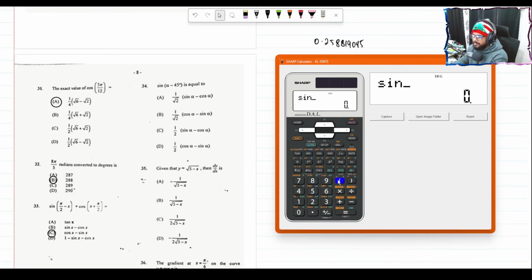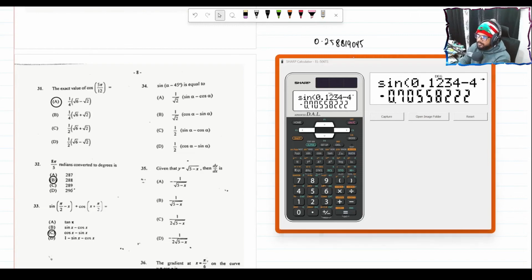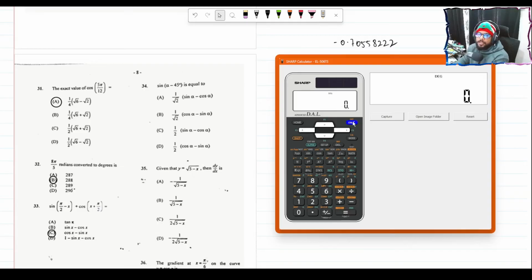Sine of open bracket 0.1234 take away 45 is equal to negative 0.7055822. I know it's either A or B.